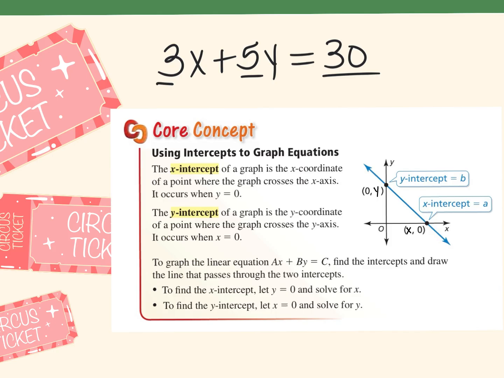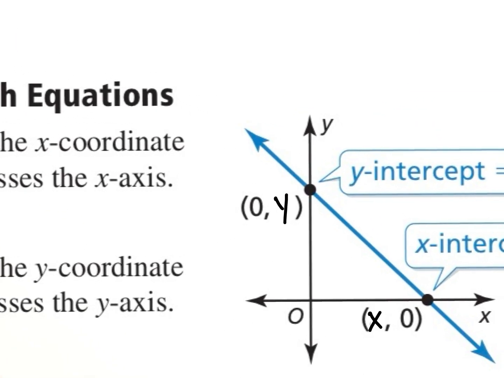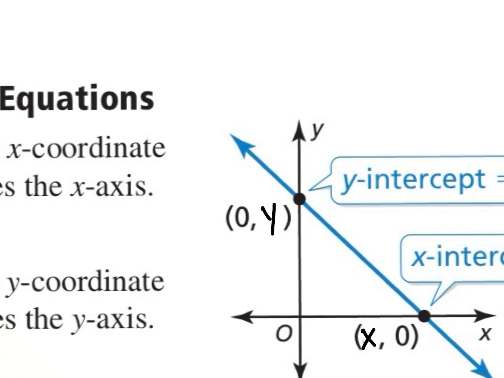But before I do that, I want you to look at the y-intercept. If you look at the y-intercept, where this graph is crossing over the y-axis. Now, this isn't numbered. However, do you agree that the ordered pair is going to be some 0, some number? Yeah. Because the y-intercept always starts with a 0, right?